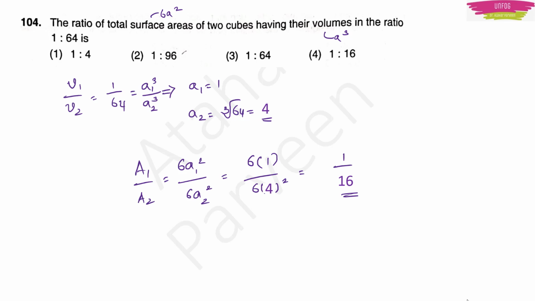Once you find A1 and A2, use the formula for total surface area, which is 6A square. Cube root of 1 will be 1 only. Cube root of 64 will be 4, right? So A1 will be 1 and A2 will be 4. Substitute it here. 6 and 6 will get cancelled. So we will get 1/16. So the volume ratio is 1 upon 64, which means the ratio of total surface area is 1 upon 16. Okay. Option 4 will be the correct answer.